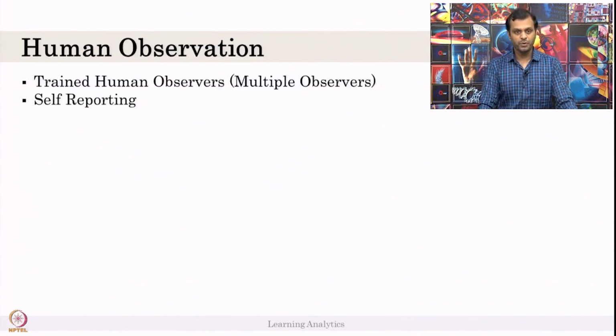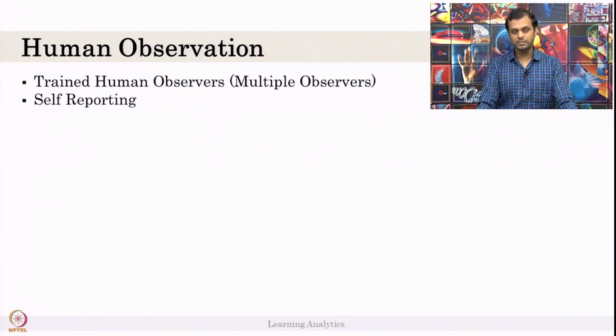One good way, or the baseline method you have to compare against for detecting emotion, is human observation. Basically you get trained on how to detect emotions, and it is always better to have multiple observers instead of you alone detecting students' emotions.